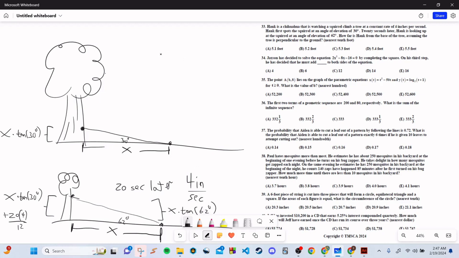And so we've got two equivalent expressions: x times the tangent of 30 degrees plus 20 times 4 over 12 is equal to x times the tangent of 62 degrees. So, of course, making sure you're in degrees, we can type this expression into our solver.